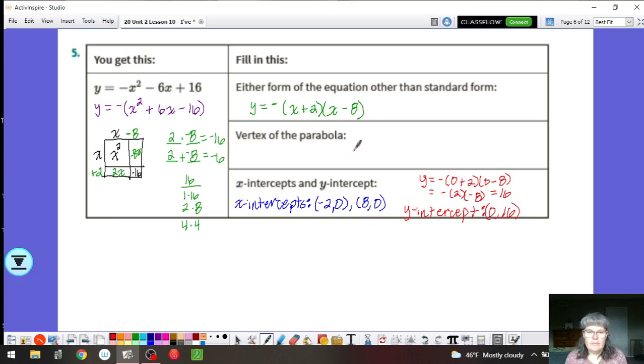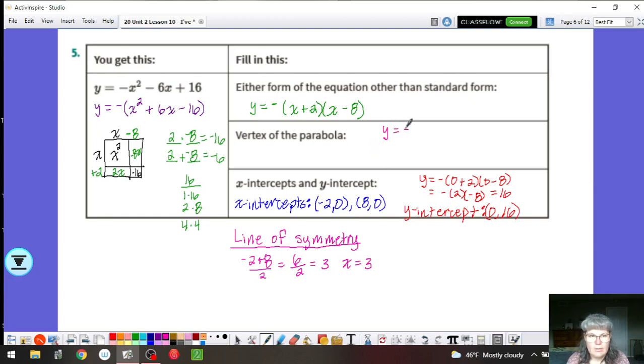In order to find the vertex, we need to know the line of symmetry. The line of symmetry is found by adding the x-intercepts and dividing by 2. So -2 plus 8 divided by 2 is 6 divided by 2 is 3. So the line of symmetry is x equals 3. To find the vertex, I'm going to substitute 3 for the x.